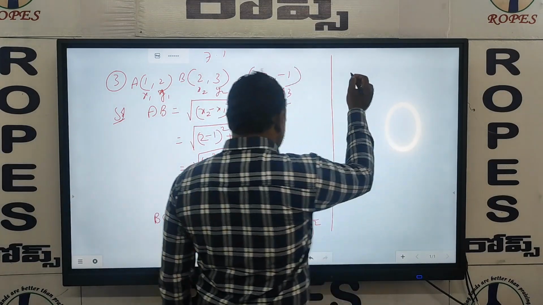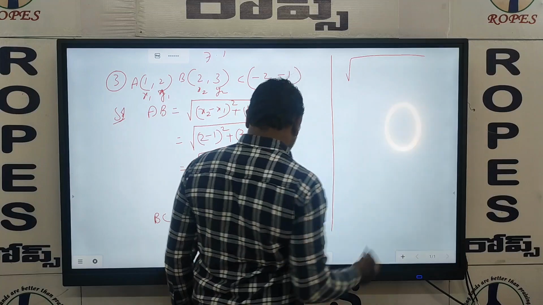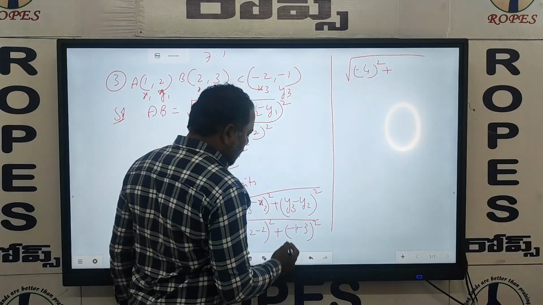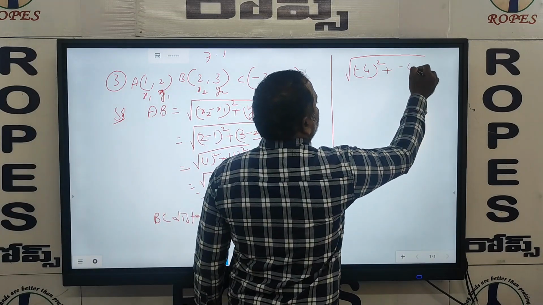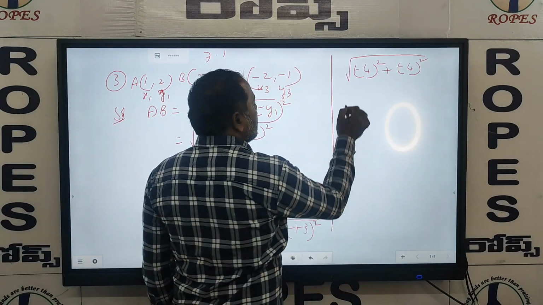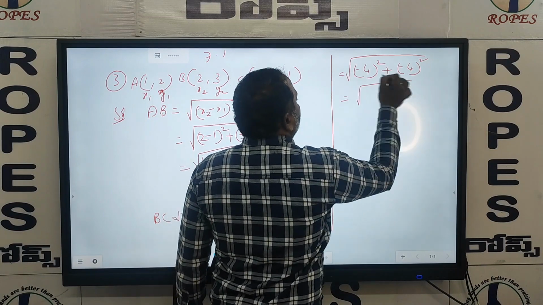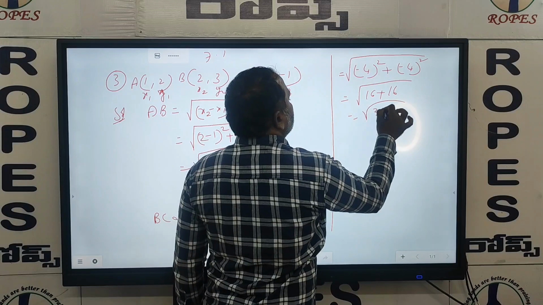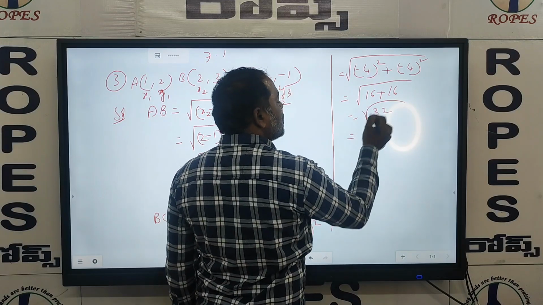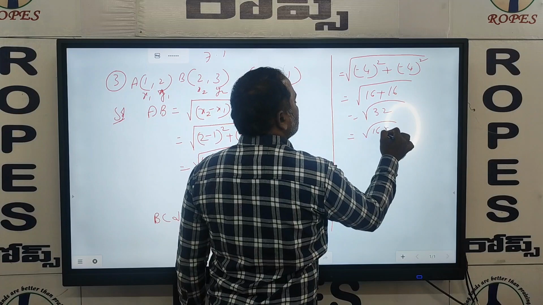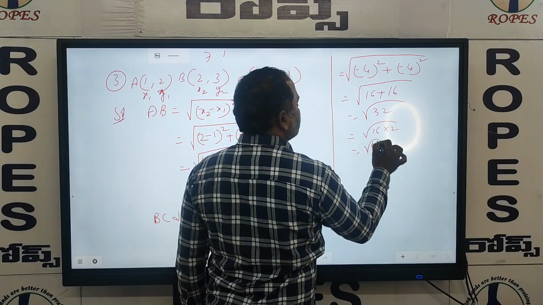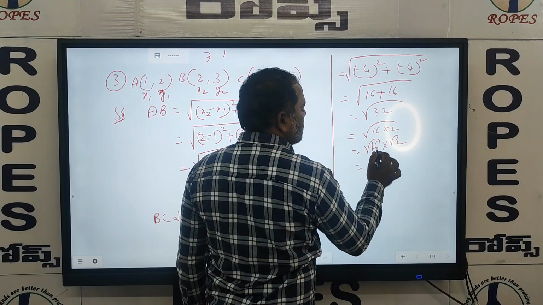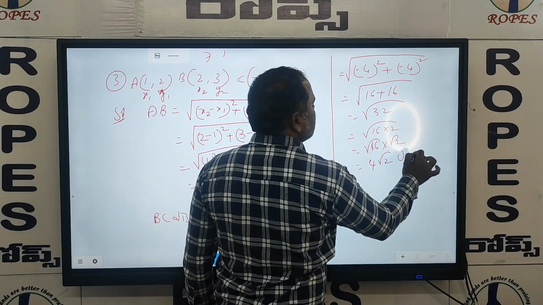That is minus 4 whole square plus minus 4 whole square, which is root of 16 plus 16. Then we can write root 32, that is root of 16 into 2, which is root 16 into root 2. Root 16 is 4, so 4 root 2 units.